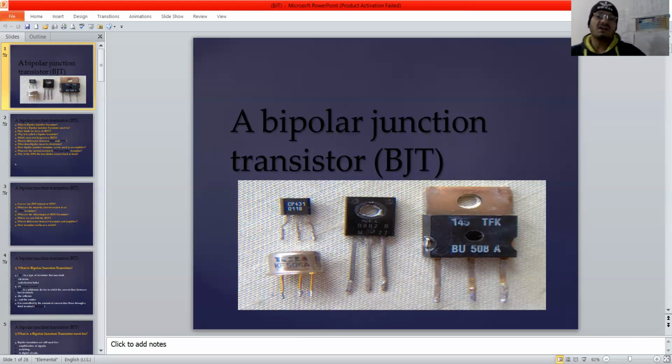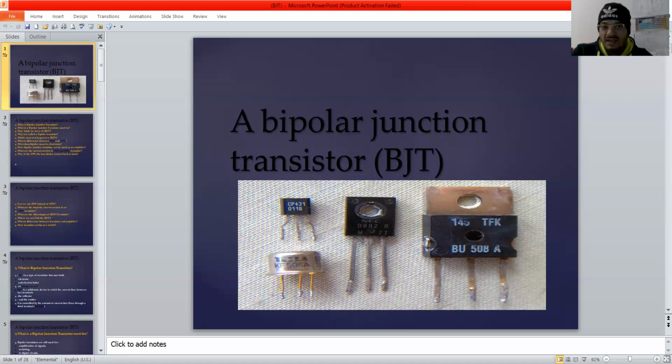A BJT transistor has three terminals. It is a semiconductor device consisting of two p-n junctions which are able to amplify or magnify a signal.